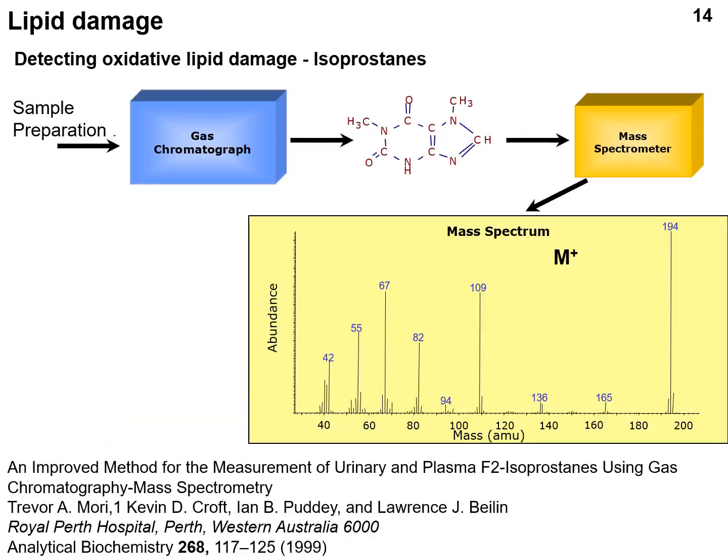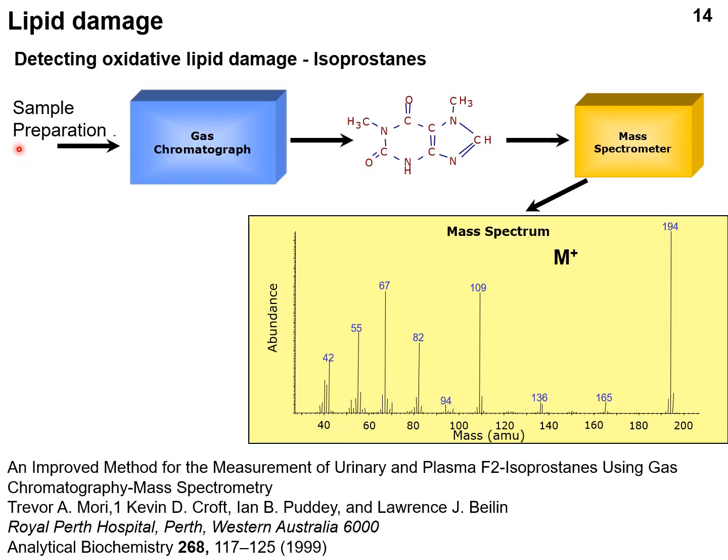In terms of measuring isoprostanes, there are a variety of techniques around. Certainly antibody techniques have become much more popular. But probably the gold standard is using gas chromatography.